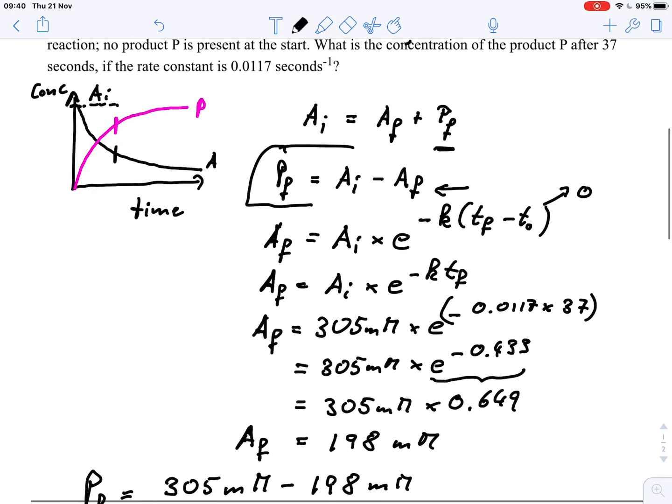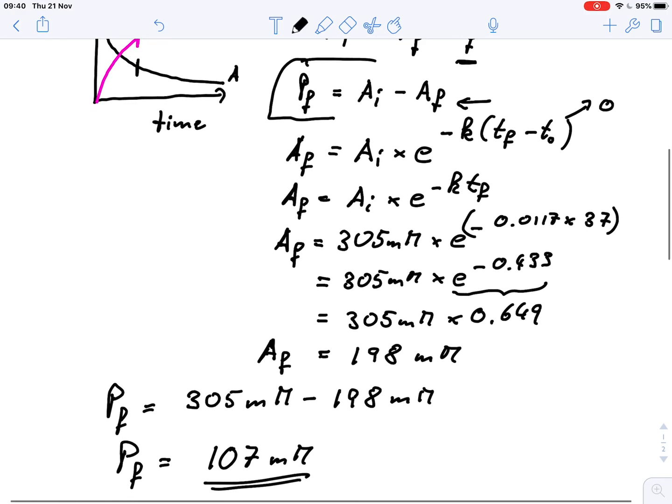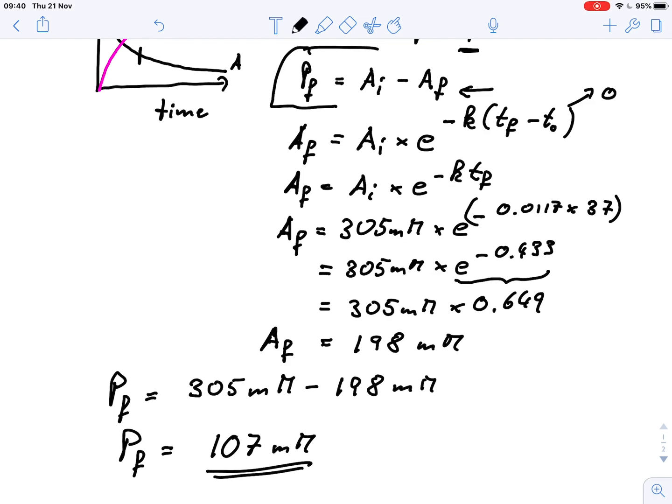So at this time point, 37 seconds in, we have 107 millimolar of the product and 198 millimolar of our reactant A. So I hope this makes sense.